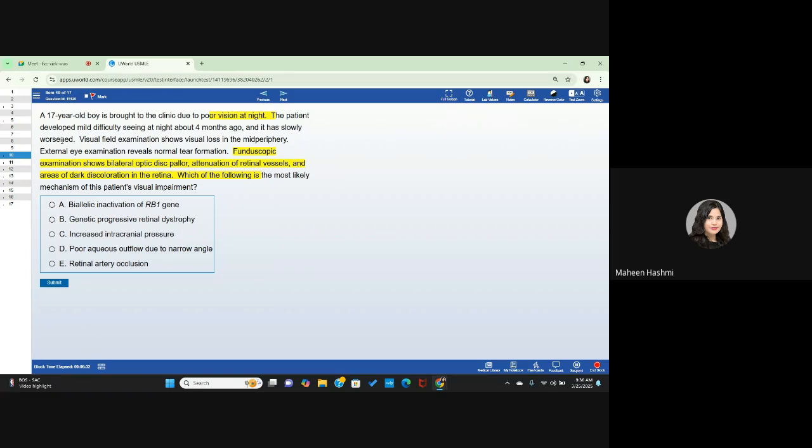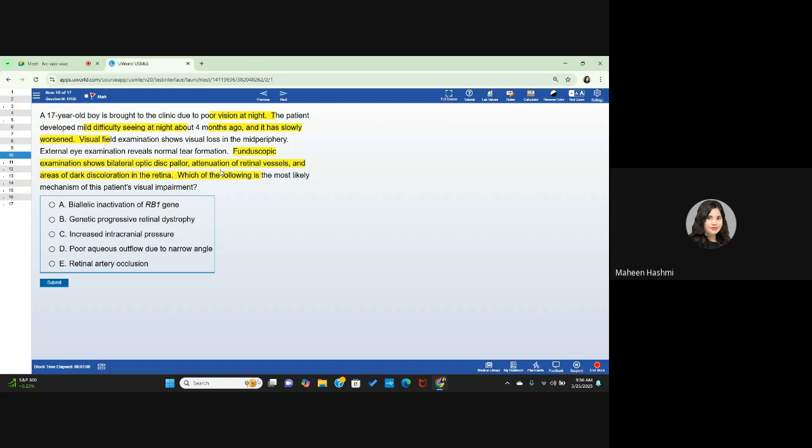Visual field shows a loss in the mid-periphery, external eye shows normal tear formation. What is this? It's retinitis pigmentosa. What did I tell you the link was? It is a genetic progressive retinal dystrophy.